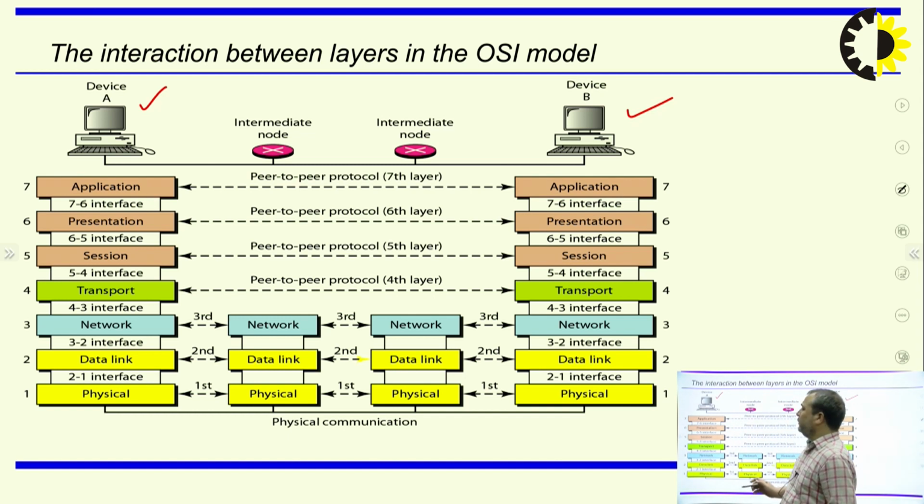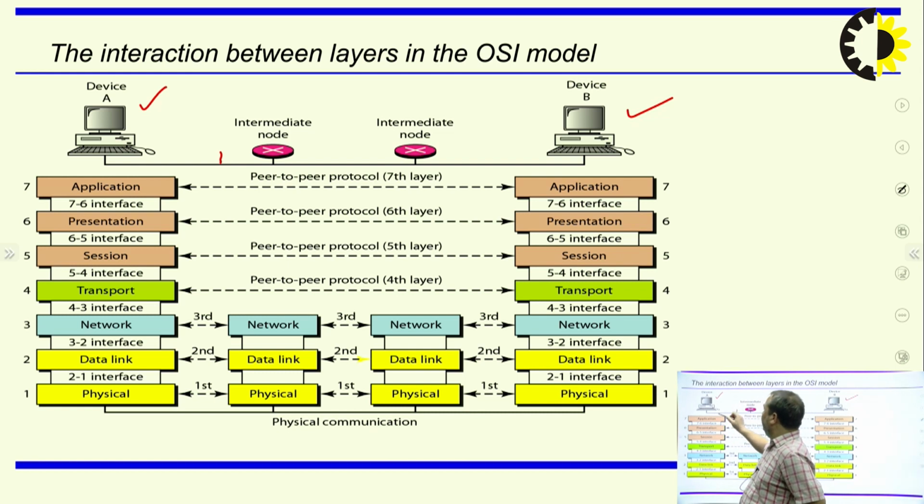The application layer is responsible for user interactions, and there are protocols at the application layer which control and coordinate things. So the user interacts with the application layer.